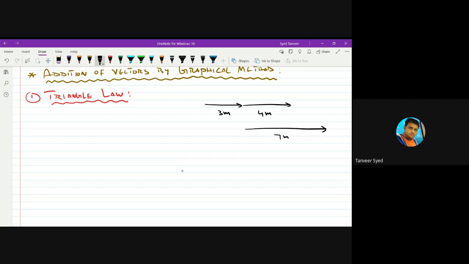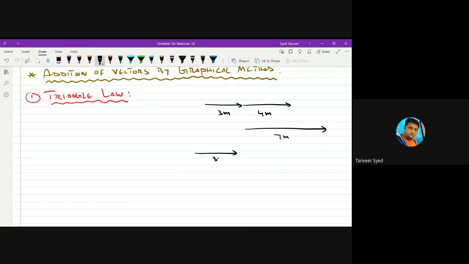As they are in the same direction, we don't have any problem. You can simply add them. If vectors are in the same direction, you can directly add them without bothering about the direction. But when they are in different directions, then you should think. So this 3-meter and 4-meter added gives you 7-meter.